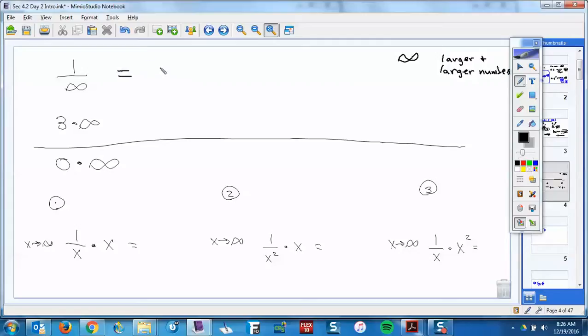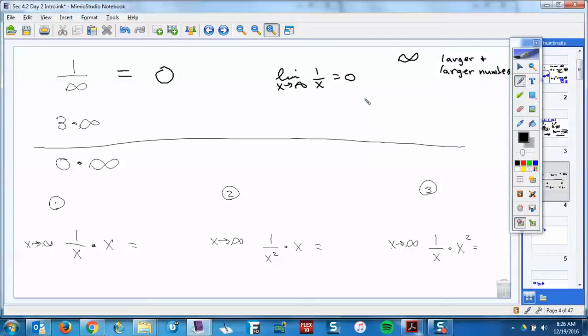Closer and closer to 0. So we'll go ahead and say equals 0, but technically that's not right. Technically what we mean is the limit as x goes to infinity of 1 over x equals 0. That's what that means.